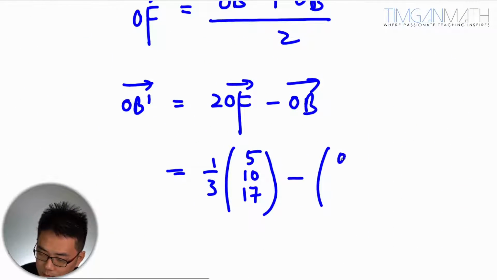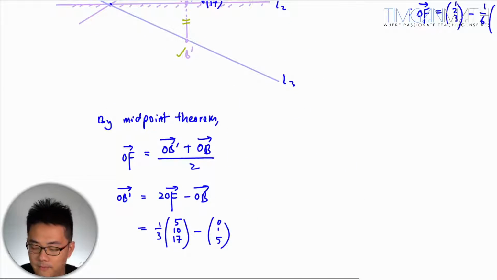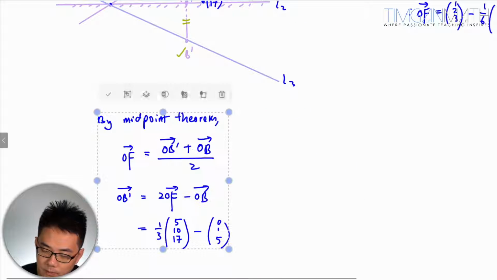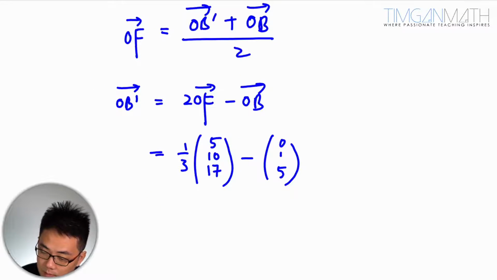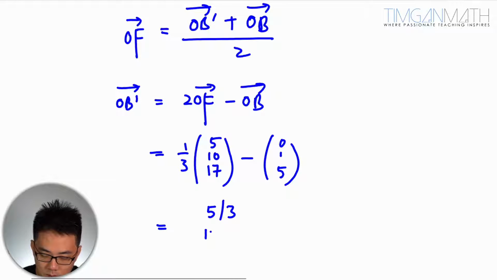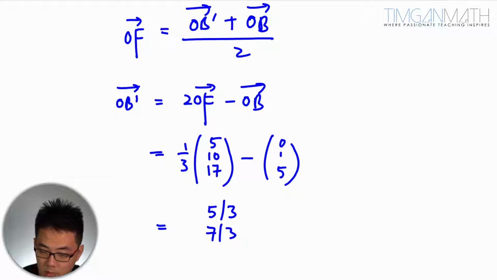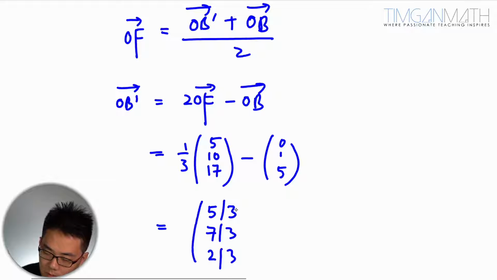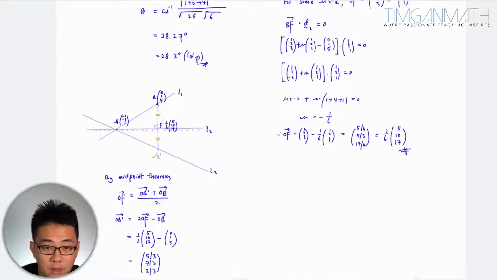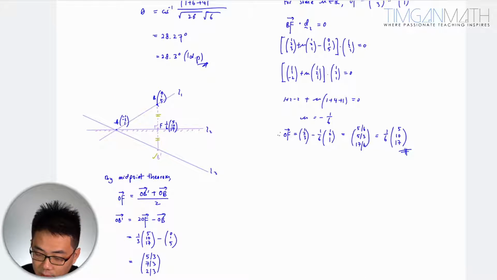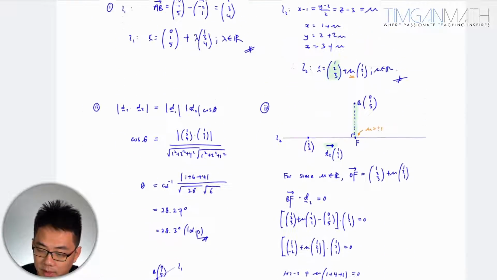There you go. So this is my OB prime. I can actually find a line L3 already. I'll just find line L3 by using 2 points.